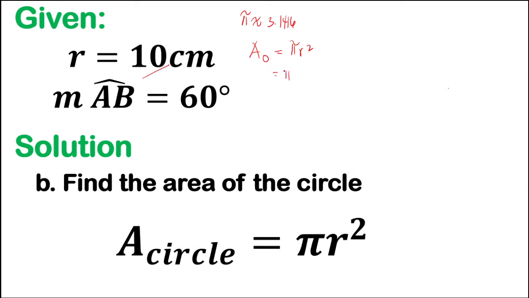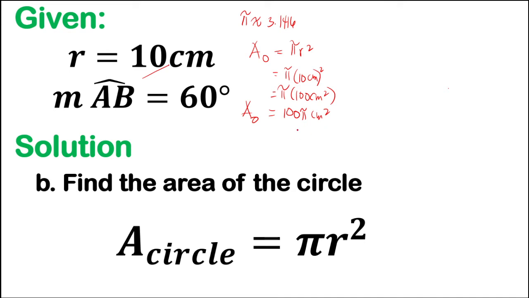So you have pi times 10 centimeters quantity squared. 10 times 10 is 100. That is 100 pi, or should I say 100 pi centimeters squared. And therefore, the area of the circle is 100 pi centimeters squared.